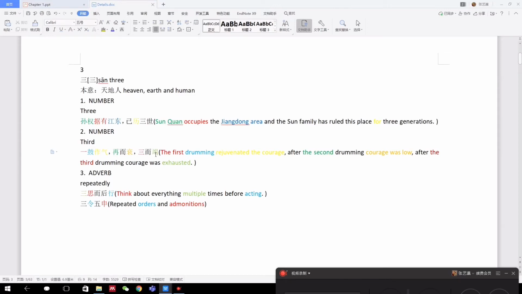It describes a famous war in which there are 2 armies, Army A and Army B. Army A drummed first, but Army B didn't answer. And then a period of time later, Army A drummed for a second time, but Army B still didn't answer.